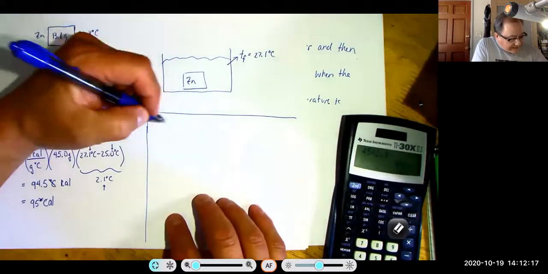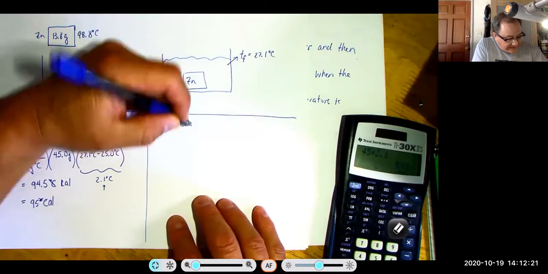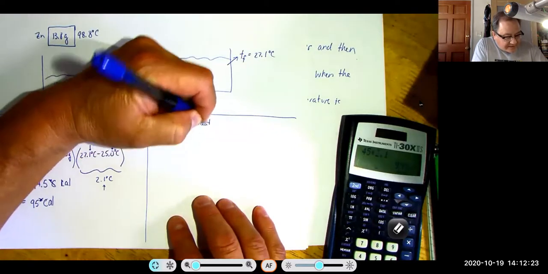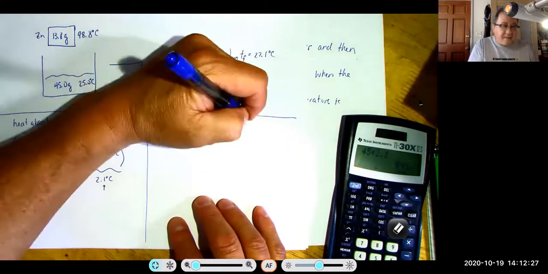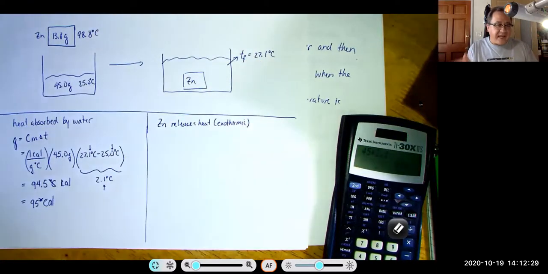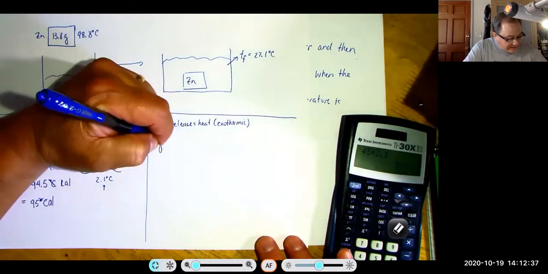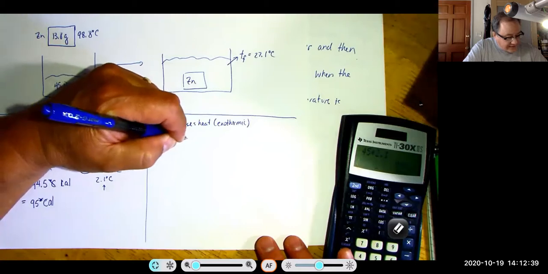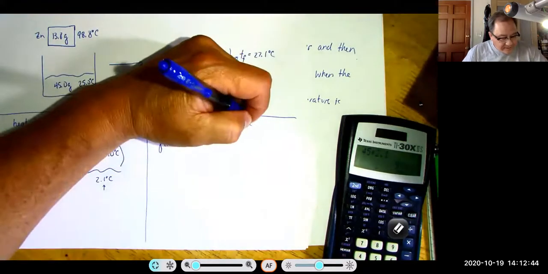Now, the zinc releases heat. That makes it exothermic. And the amount of heat released by the zinc has to be the same as the amount of heat absorbed by the water. So here, the Q for the zinc is negative 95 calories. Remember, exothermic means negative.